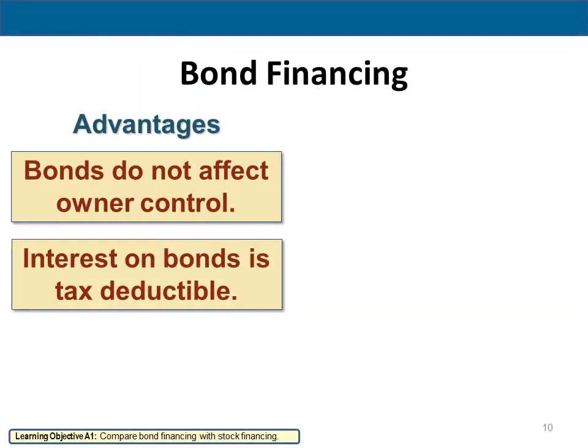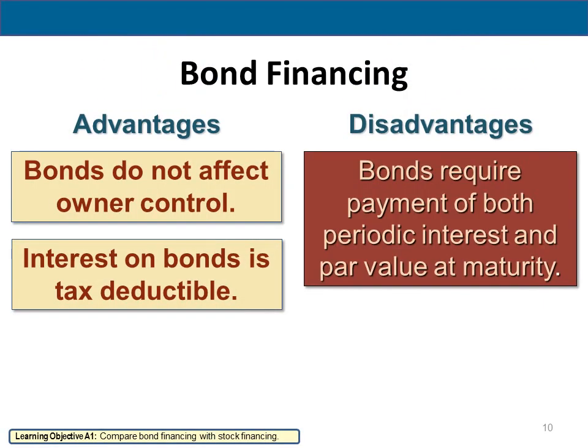Let us now discuss the advantages and disadvantages of financing through issuance of bonds. Let me start by discussing the disadvantage. Issuing bonds means that the company will go to externals in order to finance its operations. So it's a form of debt.